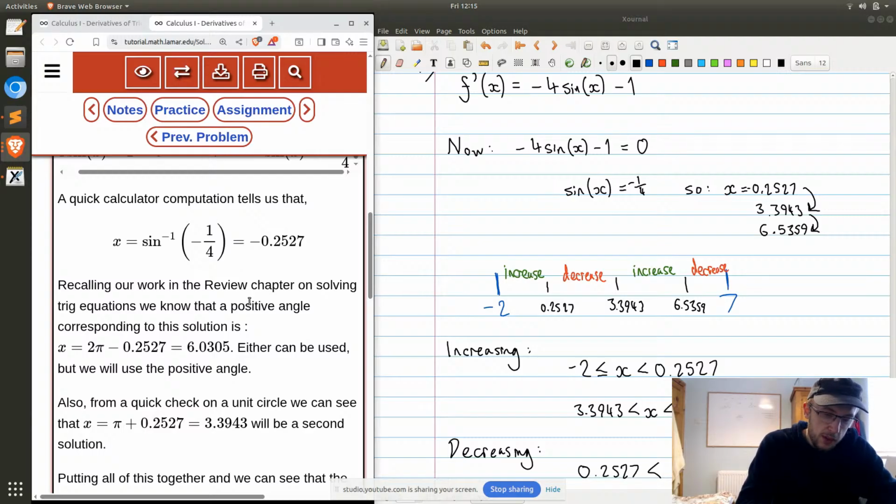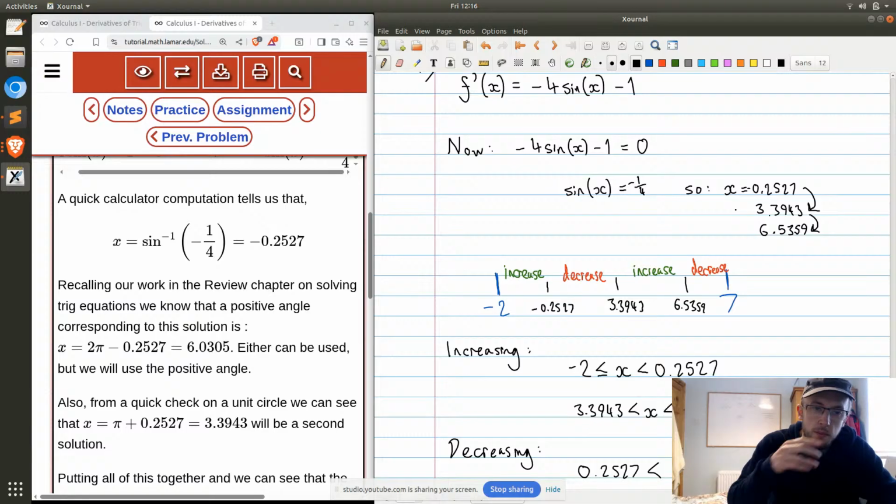And then we have to add on pi, or add on 2 pi, rather. Okay, that one being negative makes sense.